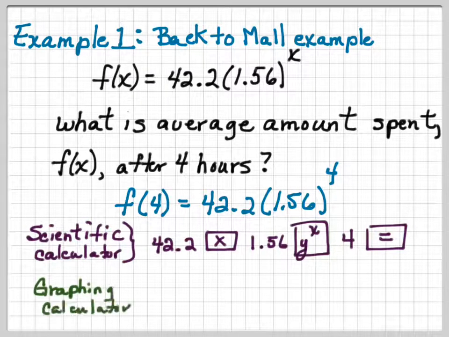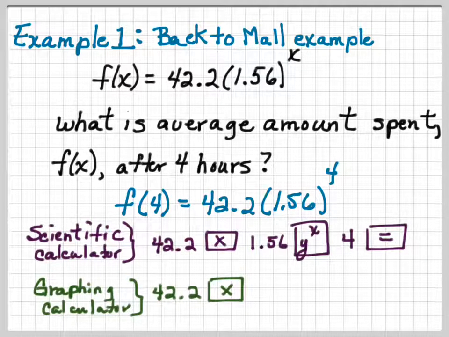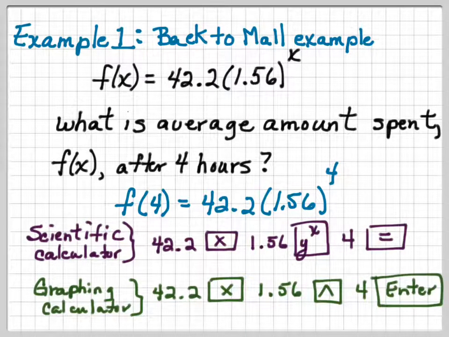On a graphing calculator, it's a little bit different. It's going to be 42.2 times 1.56, and then you have your little up arrow and a 4 and enter. And you should get, we're going to round to the nearest whole number, $250. So at 4 hours, it's going to be about $250 is how much you would spend.